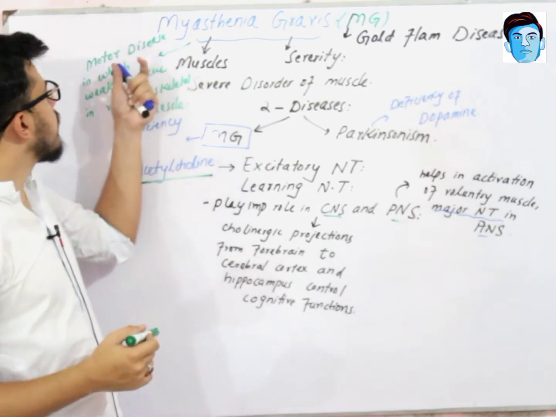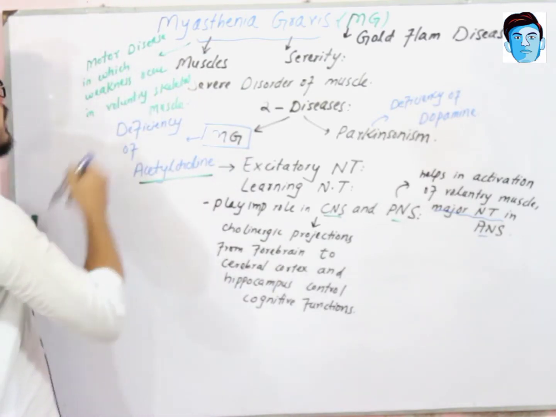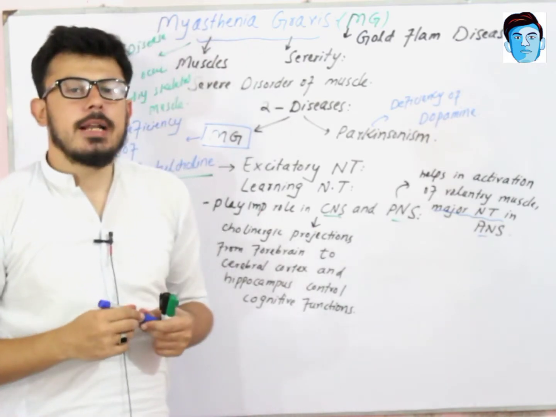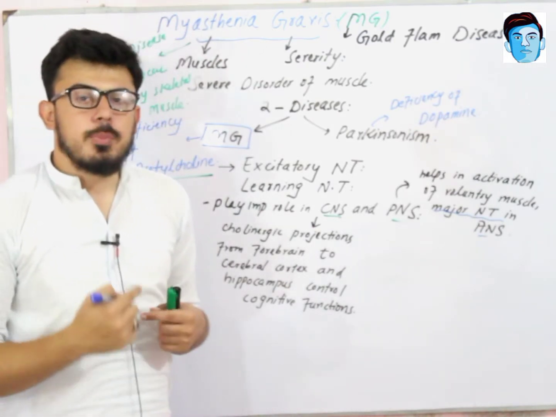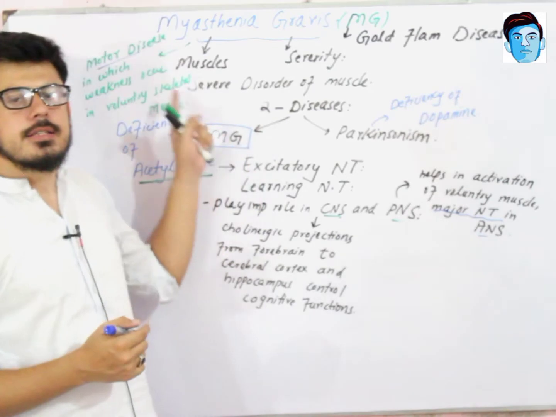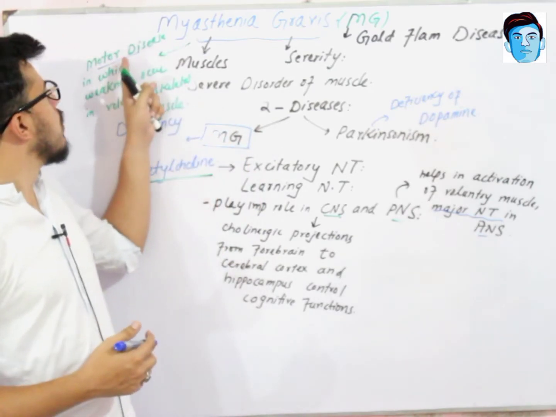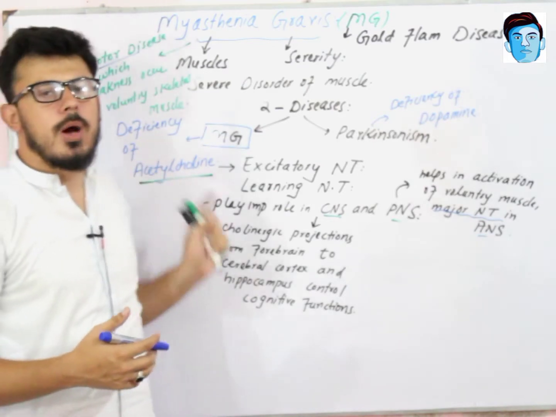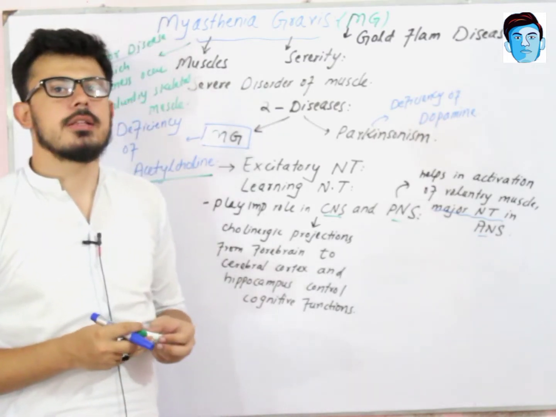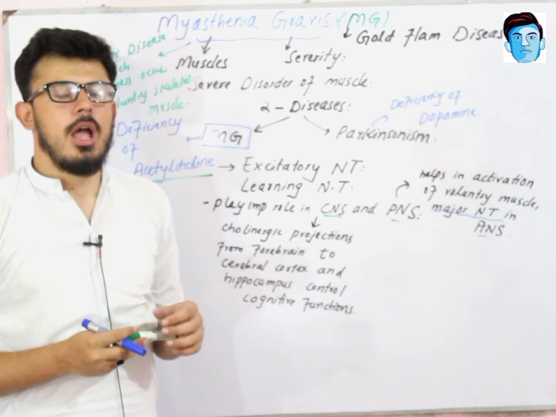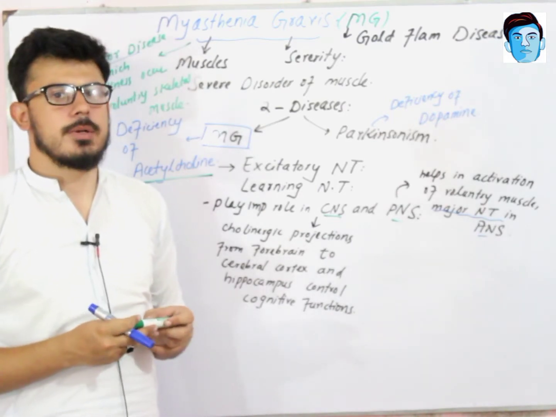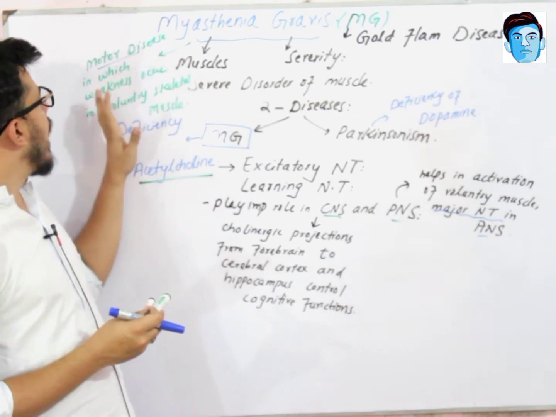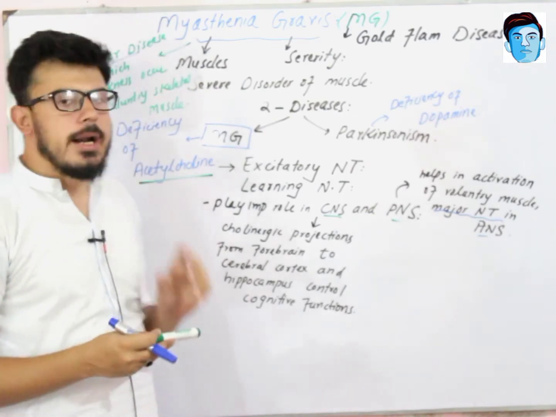Motor disorder means that the information can reach the brain, but our brain is not able to respond to that information. That is a motor disorder. As you know, skeletal muscles are voluntary muscles, while cardiac muscles are involuntary muscles. So it is a motor disorder in which weakness occurs in voluntary muscles.